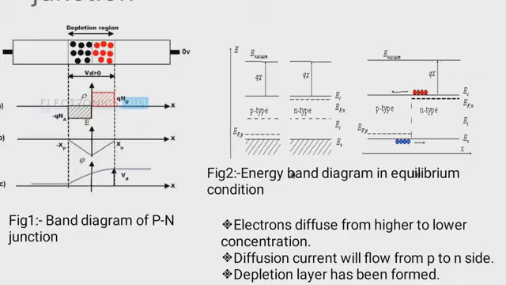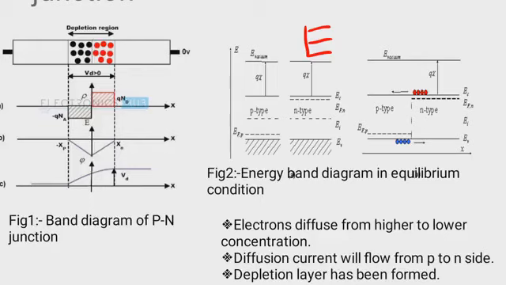Band bending structure basically depends upon the potential energy, which is denoted by E is equal to minus E into V. E basically denotes the charge of electrons and V is the net potential or voltage, the external battery voltage or external polarity.